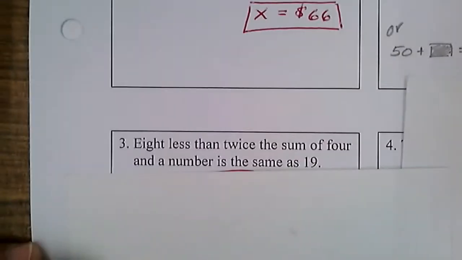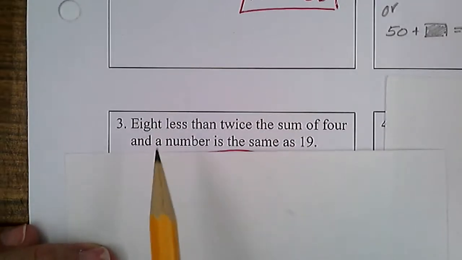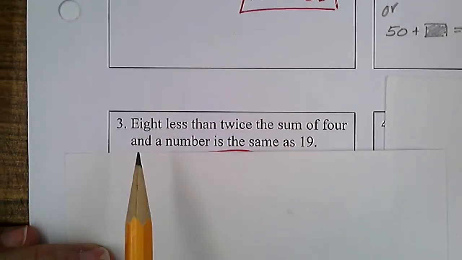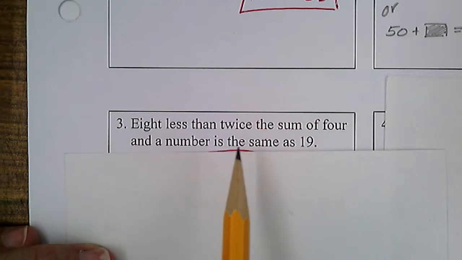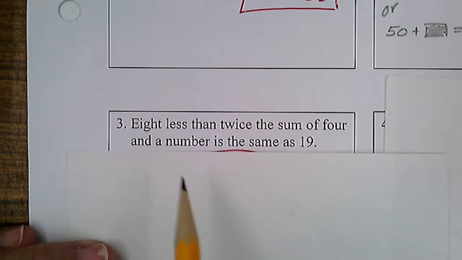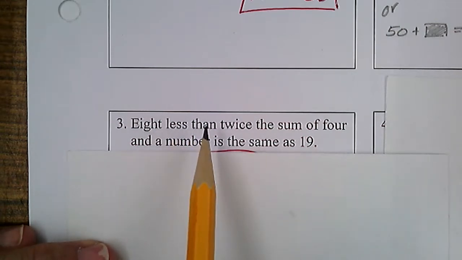On number 3, it says 8 less than twice the sum of 4 and a number is the same as 19. The first thing I notice is that we have one of those special combo words here.